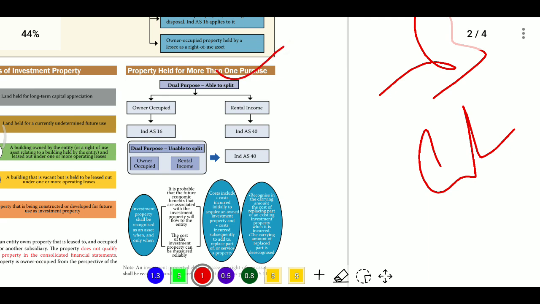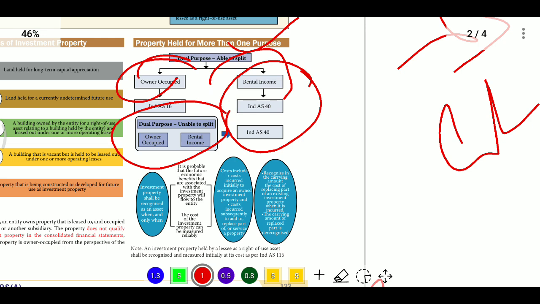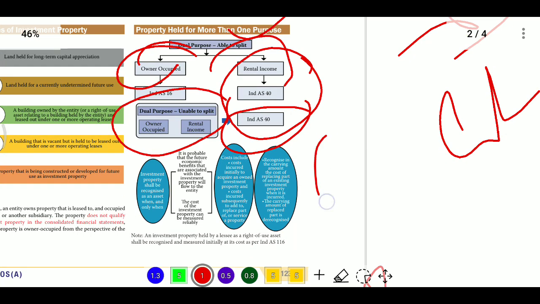If able to split, we can split it. Then rental income is under Ind AS 40, and owner occupied will be under Ind AS 16. If the dual purpose cannot be split, whether owner occupied or rental income, then it will be Ind AS 40, meaning we are not able to determine the use, so we use Ind AS 40. That is, only the cost model will be allowable here.